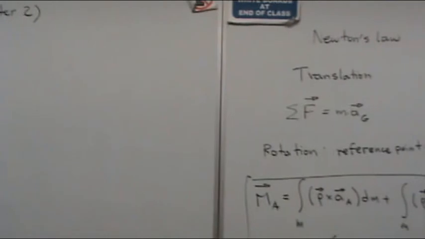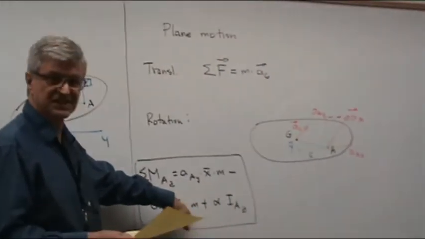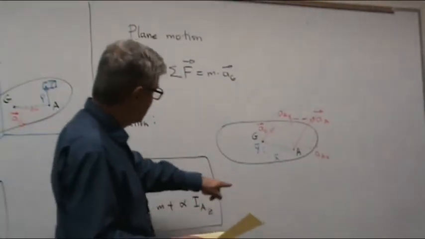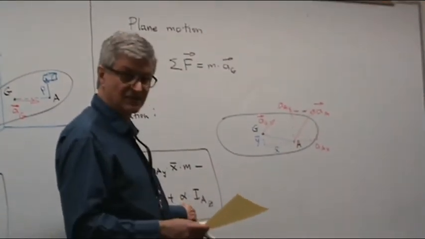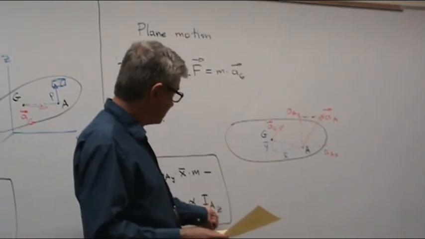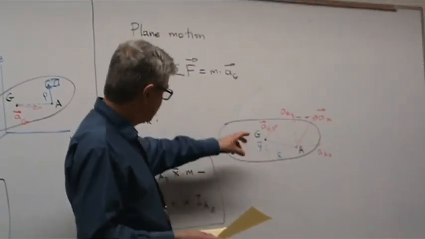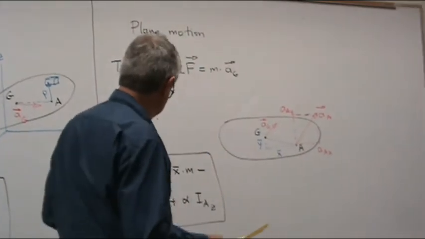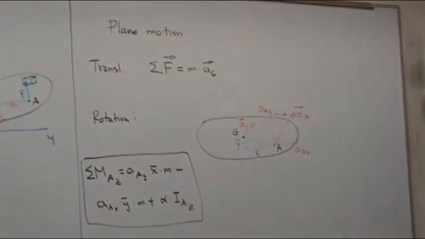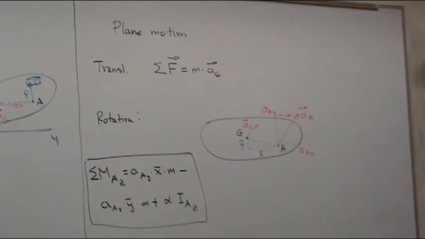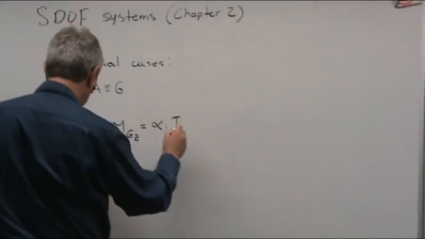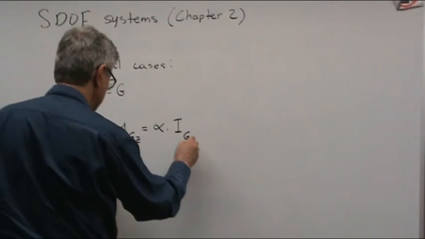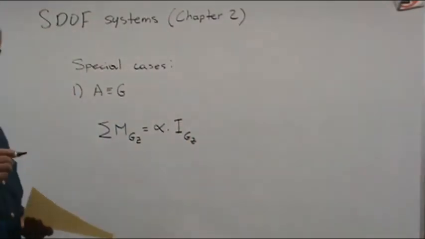Well, the sum of the moments about the center of gravity in the z direction, well, let's see this term. X bar and y bar become 0 now, because A is same as G. So the only thing that varies is the angular acceleration times the moment of inertia about G. Okay? So the equation becomes pretty simple. The summation of the moments is equal to the angular acceleration times the moment of inertia with respect to the center of gravity.